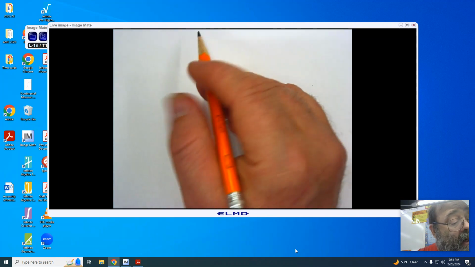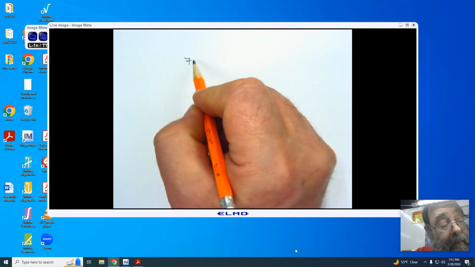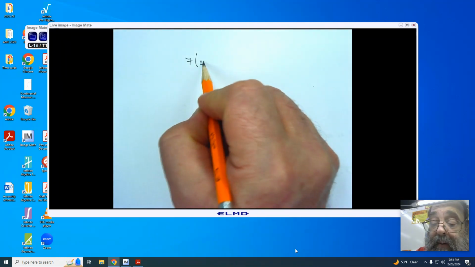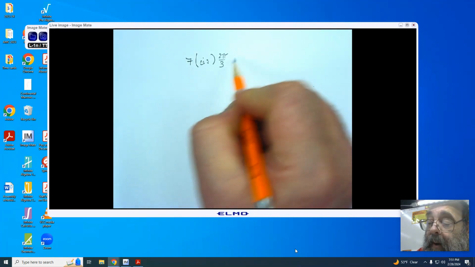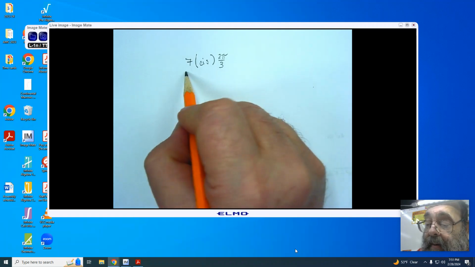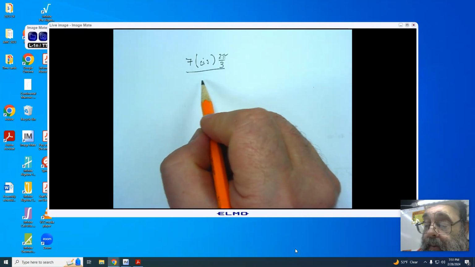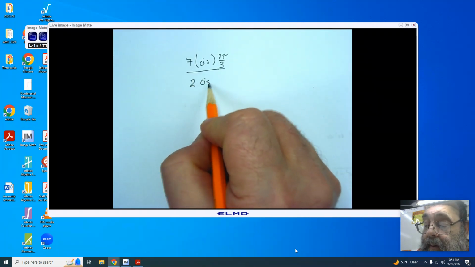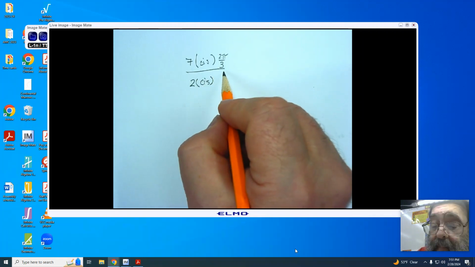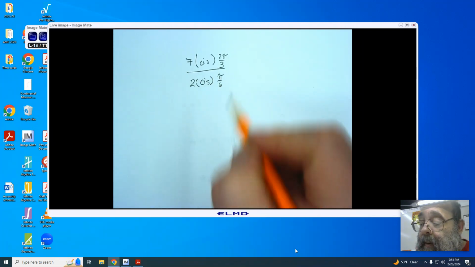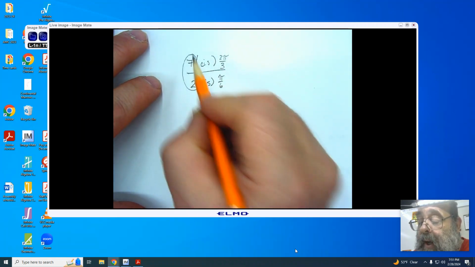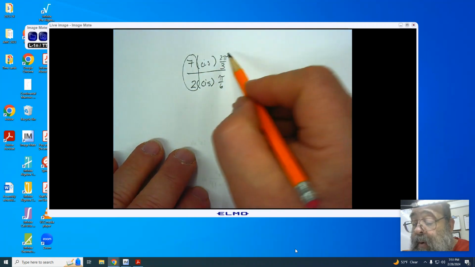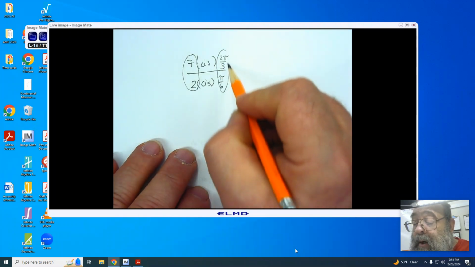Let's take 7 cis 2 pi over 3, and divide that by 2 cis pi over 6. So we're going to divide the front numbers, the r's, our modulus, and subtract our arguments.